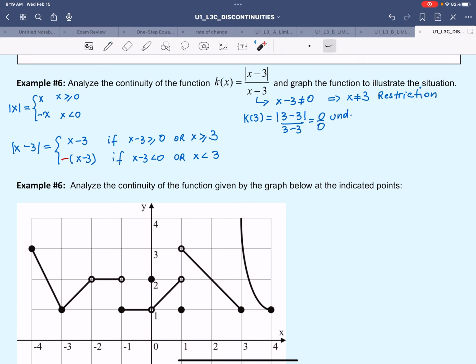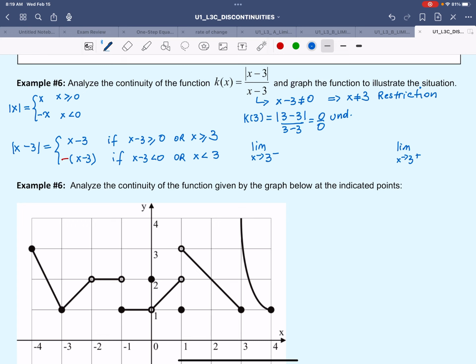So we understand that the function is undefined, which means that there will be some type of discontinuity here, but we don't know exactly what type of discontinuity it is unless we have explored the limit of the function. Or in other words, we will have to now find the limit as x approaches 3 from the left-hand side, and the limit as x approaches 3 from the right-hand side.